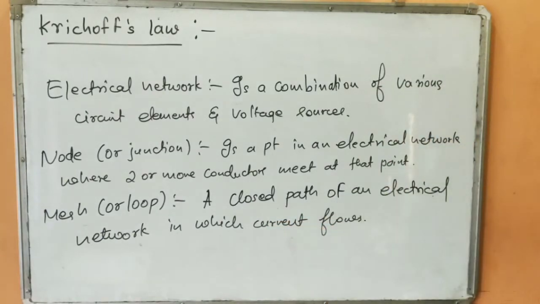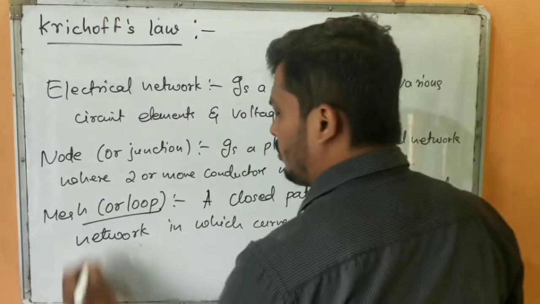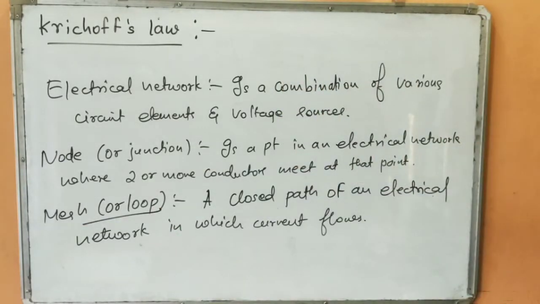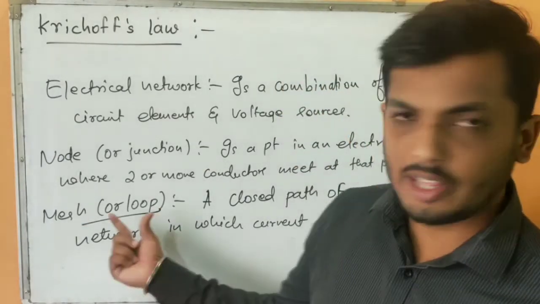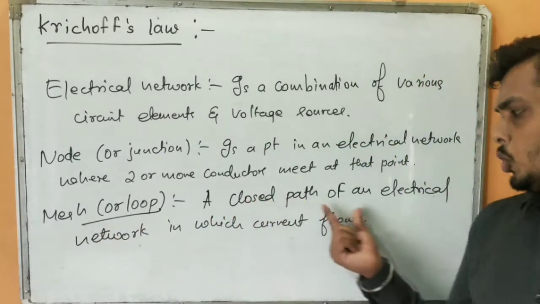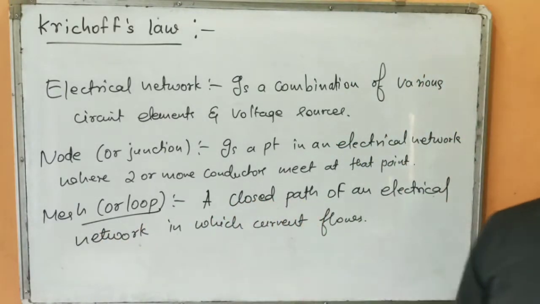The name itself indicates a loop. What is a loop? A loop is a closed path, which is also known as a mesh. So a mesh is a closed path of an electrical network in which current flows.